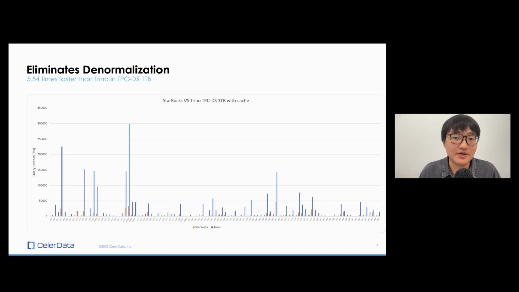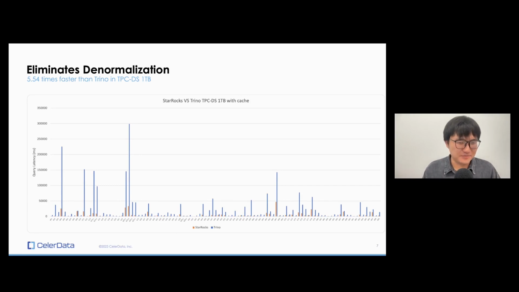And we did a comparison with Trino on the TPC-DS 1TB test, and that's querying external data, as a query engine. And StarRocks is 5.54 times faster than Trino on TPC-DS, which is the kind of workload that Trino is best at, right?